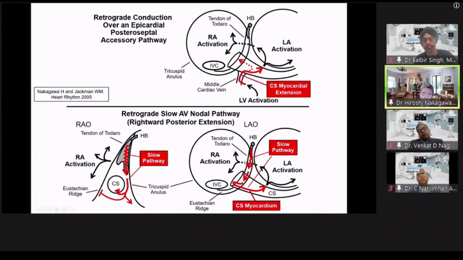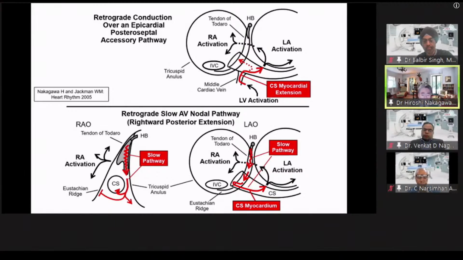This is a similar activation sequence to the slow pathway activation through the right inferior extension, coming here and entering the CS. Therefore, if you look at this sequence, it's almost identical. But parahisian pacing clearly differentiates whether it is a PGRT accessory pathway or slow AV nodal conduction.